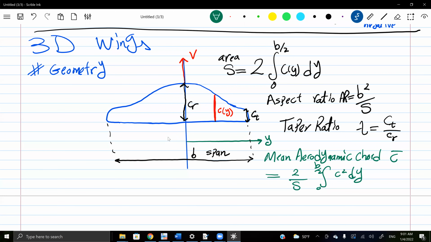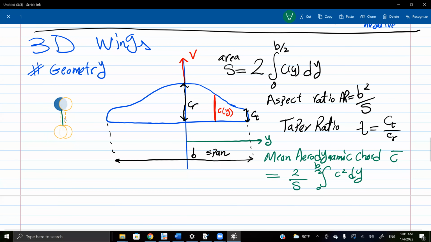And it has the following meaning. Let's say that c bar is 1 meter. You take the ruler, 1 meter, and try to move along your wing.